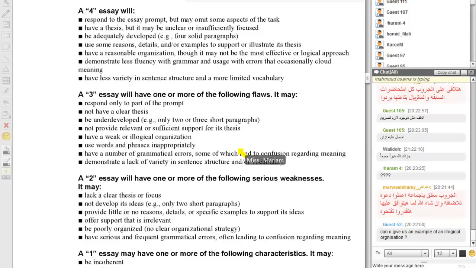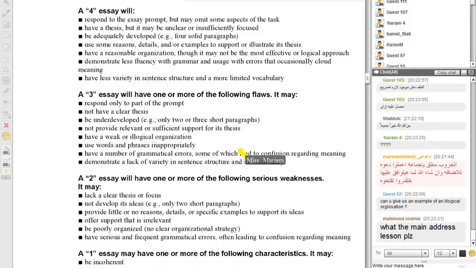So please, okay, illogical organization. I said not to link your ideas, not to put your ideas together, not to have a thought stream. Writing. We are talking about writing an essay.